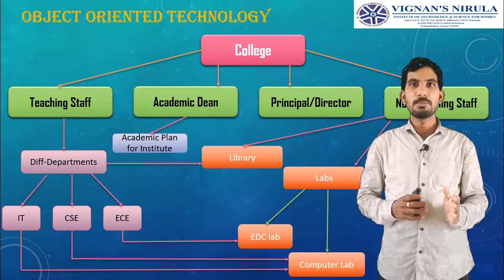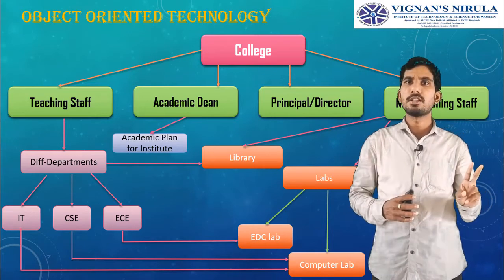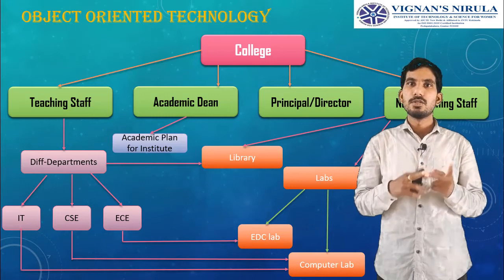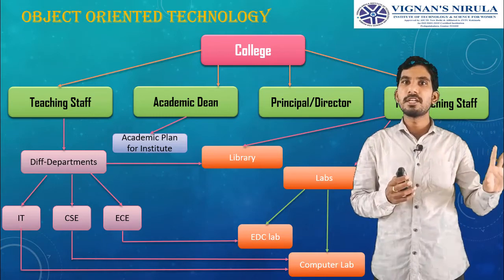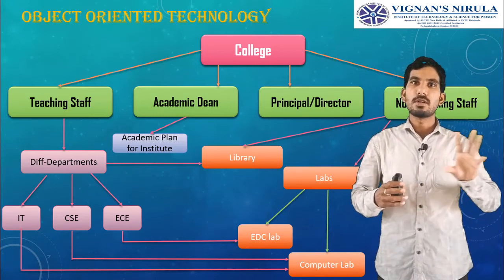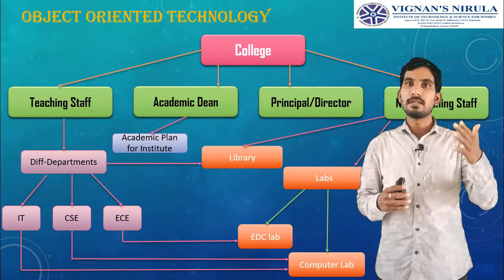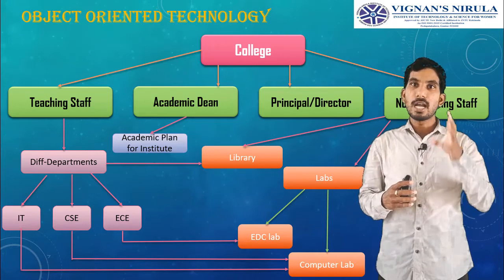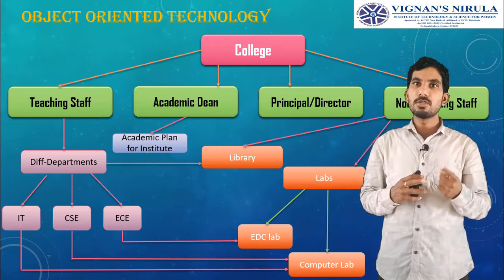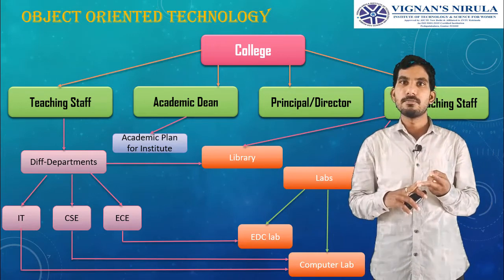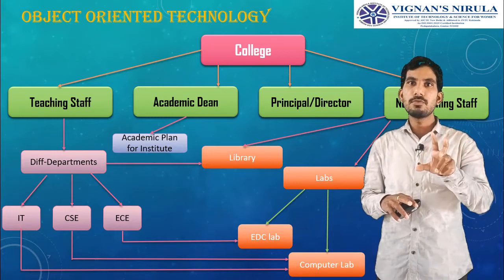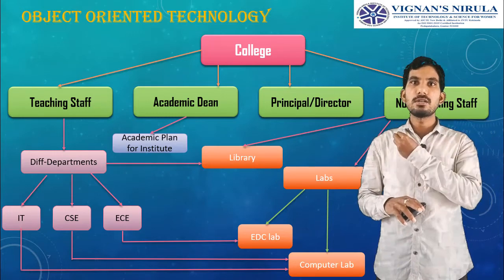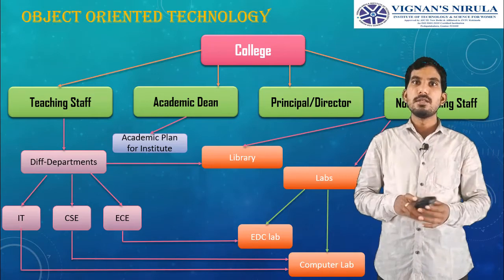In object oriented programming, two sections are there: one is the class, another is the object. A class is just a blueprint of an object. It is a logical, imaginary thing, and a class contains variables and methods. If you want to work with methods and variables directly, the class does not work.